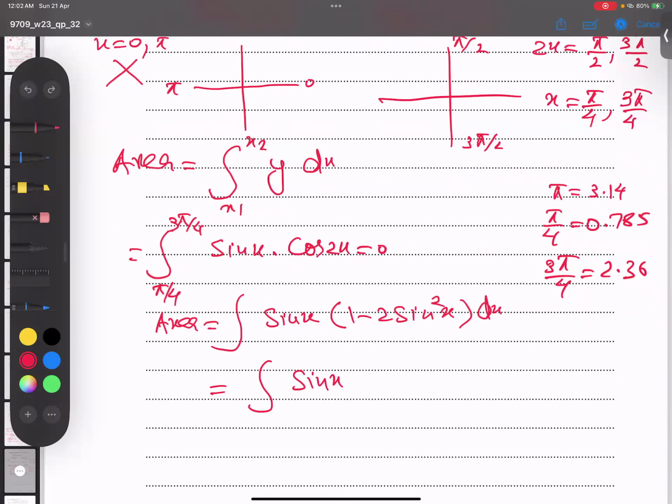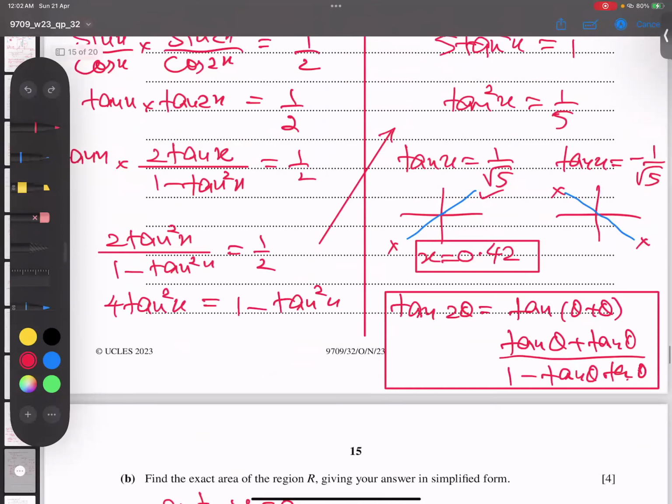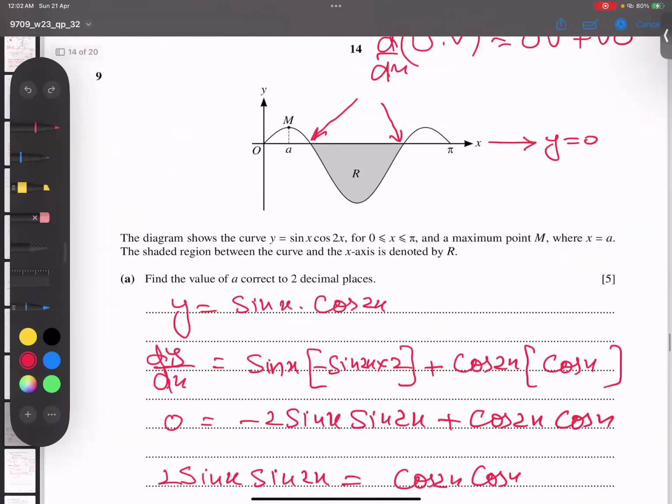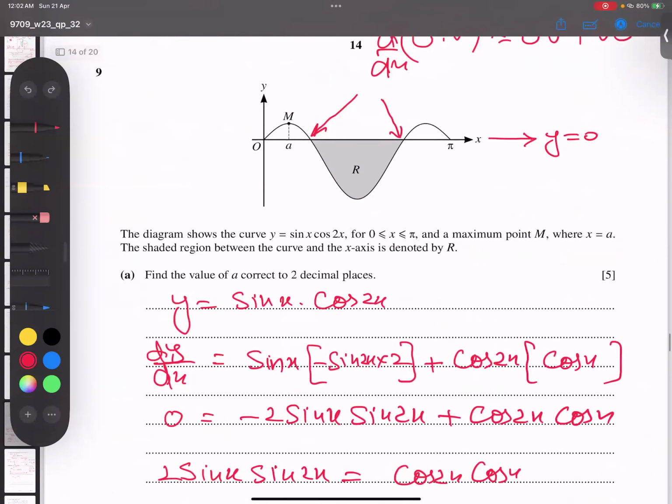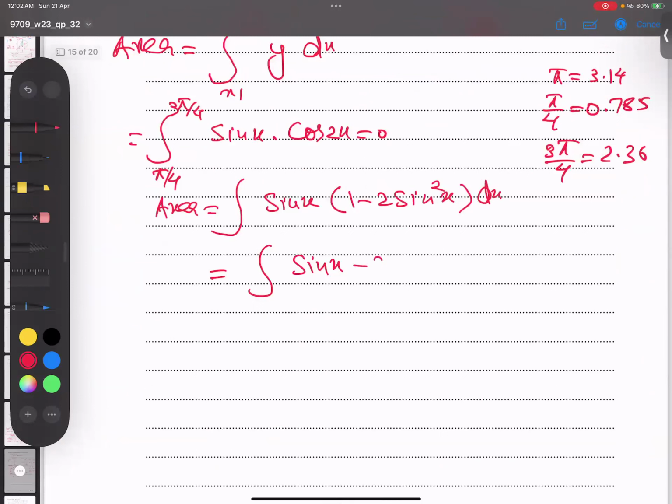We have a power coming here. Power can disturb. Let's see now what we can do further. So let's see how we can do it. Sine x minus 2 sine cube x. So we got this one.